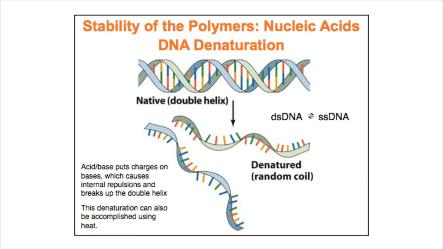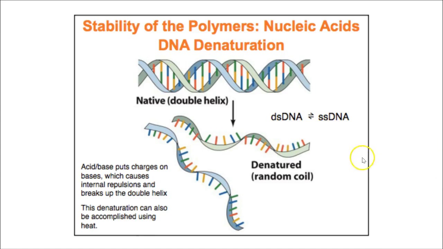And then as far as the stability of DNA, it can denature with acid and base around, which puts charges on the bases, causing internal repulsions and breaking up the double helix. Denaturation can also be accomplished using heat.